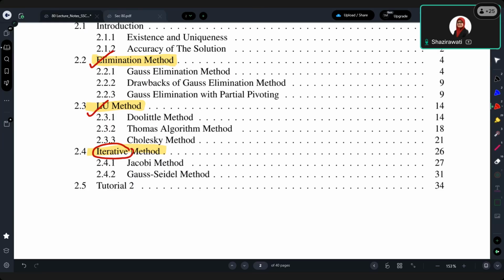So when we say the iterative, you kena recall balik, bila kita sebut iterative ni, dia lebih kurang Chapter 1 punya solution. It means you have the iteration numbers. So at the first iteration, you tak dapat lagi solution dia with a specific stopping criteria, then baru you boleh stop.